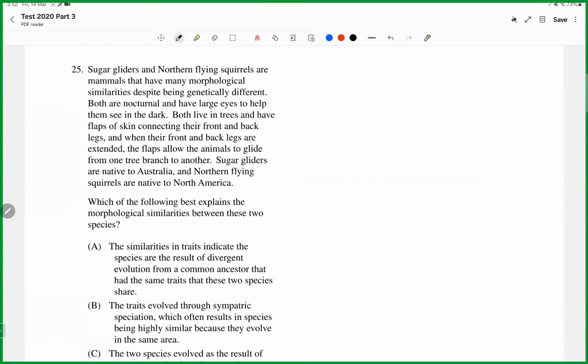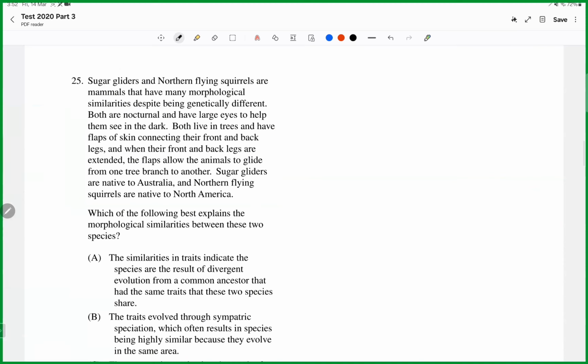Alright, guys. Sugar gliders and northern flying squirrels are mammals that have many morphological similarities despite being genetically different. You know what this reminds me of?